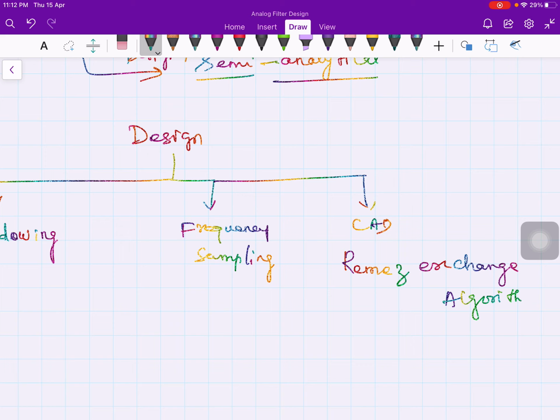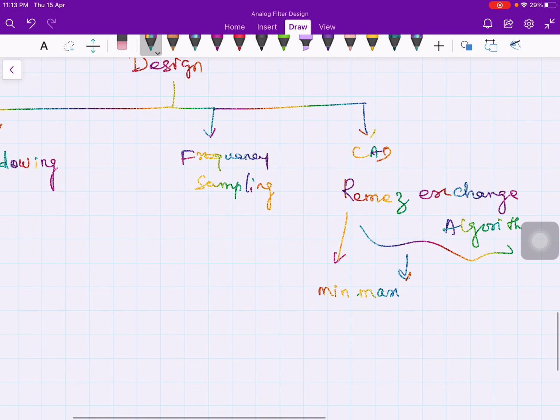In this method, what you do is minimize the maximum error. So this is also called the min-max method.